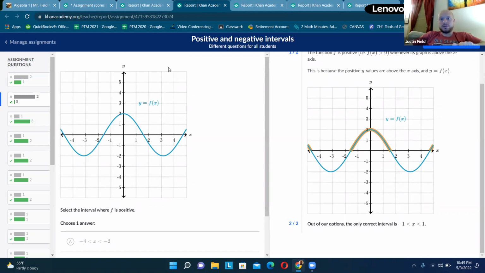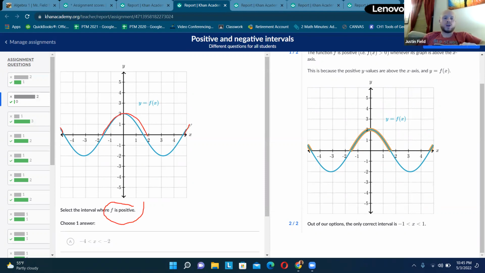All right, let's do another one. Okay, let's read, Mr. Field. F is positive. It does say positive, right? Okay, so F is positive here, here, and here. So 3 positive intervals. So I don't know what number this is. Let's say it's -4.7. Let's say that's 4.7.